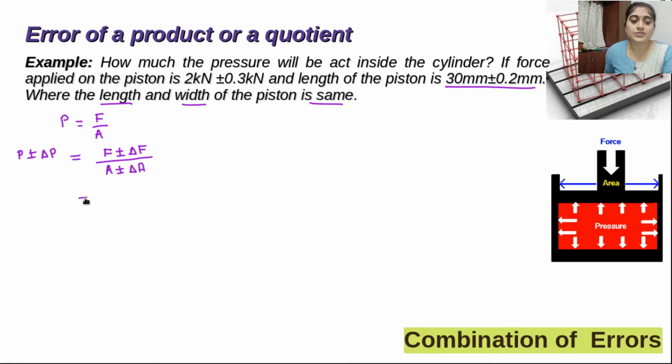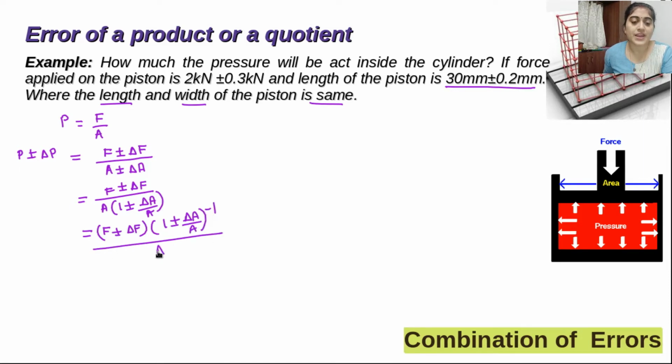If I take F from this bracket, F plus minus delta F divided by, if I take A out as common, it will become 1 plus minus delta A by A. Now this quantity I will take up, so this will become F plus minus delta F in one bracket, and in another bracket 1 plus minus delta A by A to the power minus 1, divided by A. And this is a binomial series.